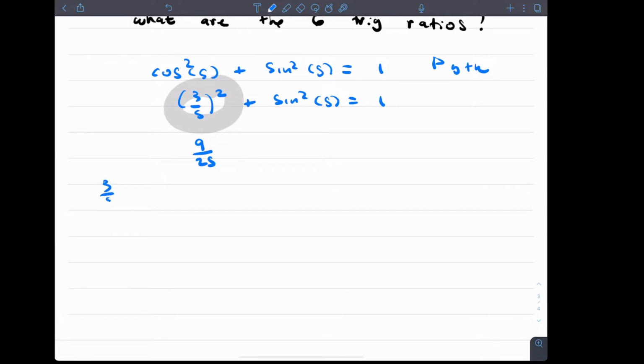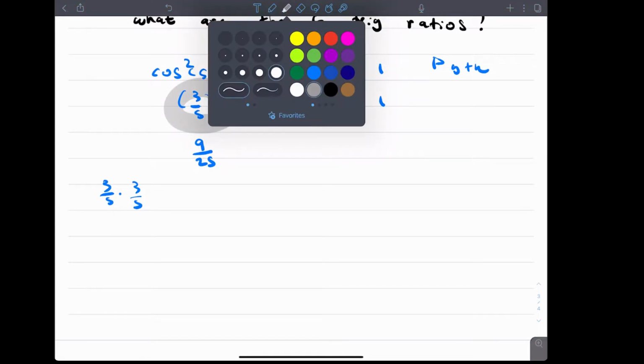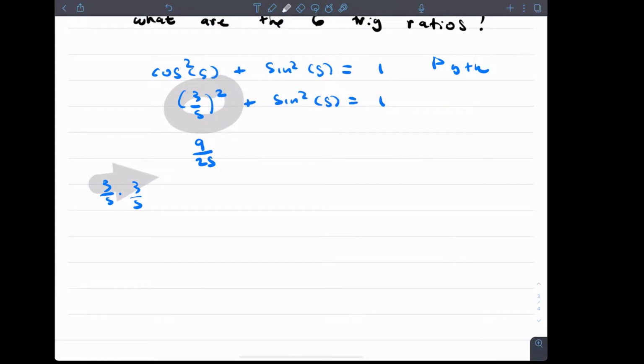Because what's the deal? 3/5 times 3/5. How do you multiply fractions? Right, horizontally across. 3 times 3 is 9. 5 times 5 is 25. Oh, they have some arithmetic. They go, oh my God, Mr. Judge, they're going to make me do arithmetic? Yes. Now what do you guys do? Here's what you want to do: solve for sine.